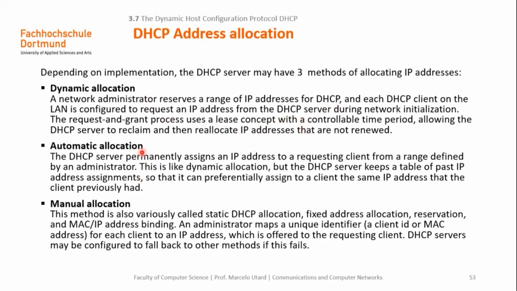Or automatic allocation, that is slightly similar to dynamic allocation, but the DHCP server keeps tables of past IP address assignments so that it can preferentially assign to a client the same IP address that the client previously had.